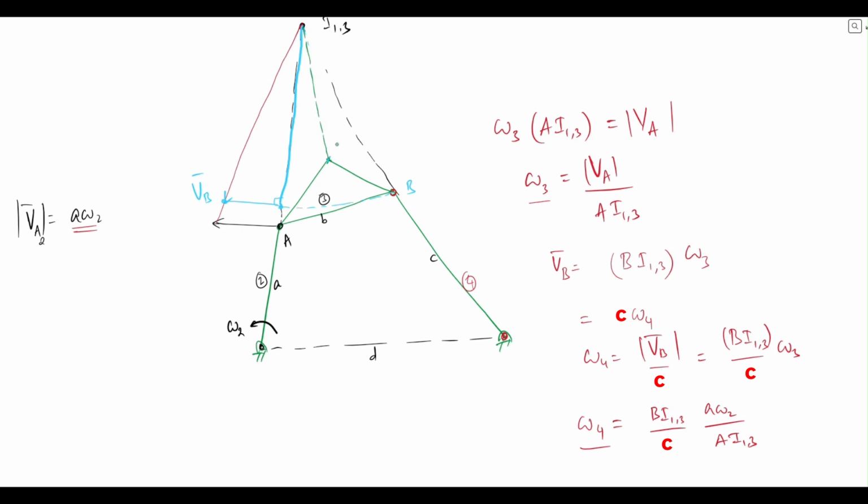This radius of this point C, let's say, and then take this arc, join it here, then drop a perpendicular and say this is the velocity of the point on the coupler we see.